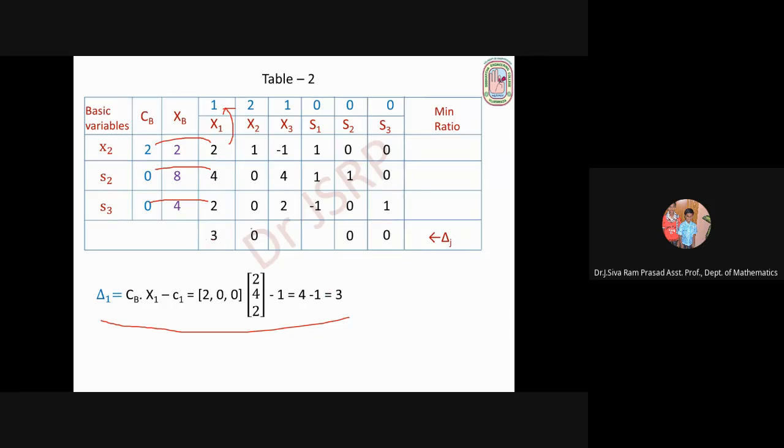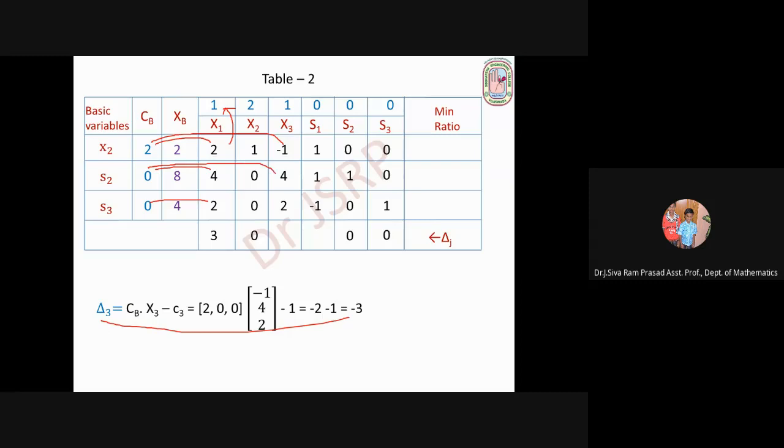Next, to calculate delta 3: CB into capital X3 minus C3. So 2 into minus 1, minus 2, 0 into 4, 0, 0 into 0, 0. So minus 2 minus of minus 1. So minus 2 plus 1, minus 1. Similarly for S1.